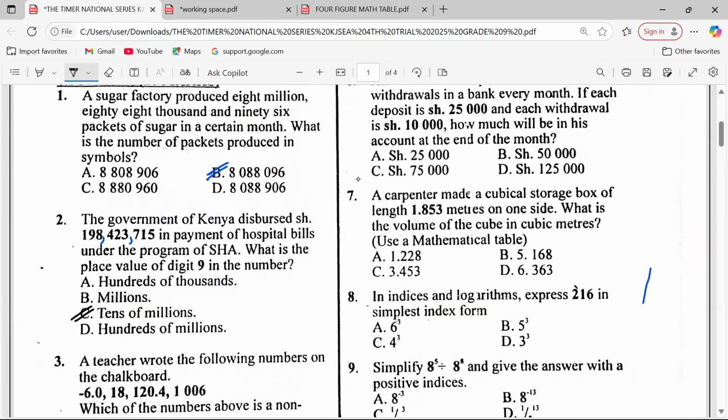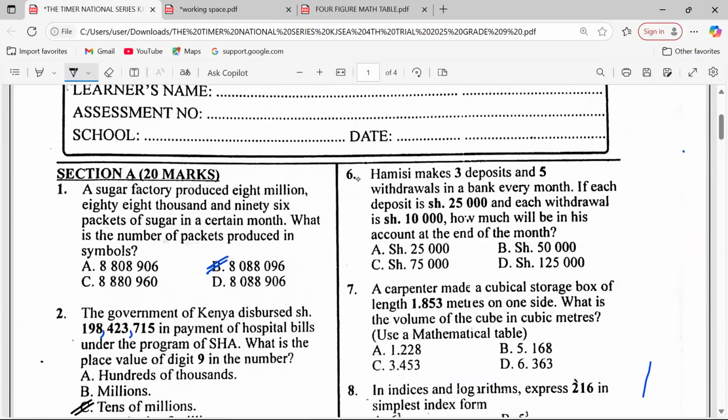Number 6. Hamisi makes 3 deposits and 5 withdrawals in a bank every month. If each deposit is 25,000 Kenya shillings and every withdrawal is 10,000 Kenya shillings, how much will be in his account at the end of the month?